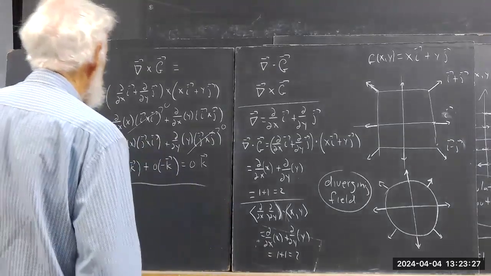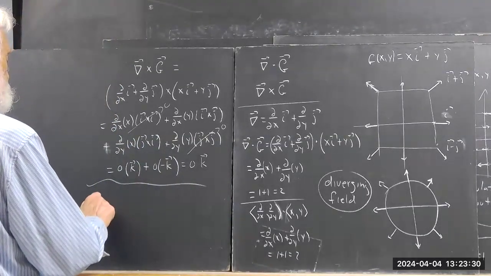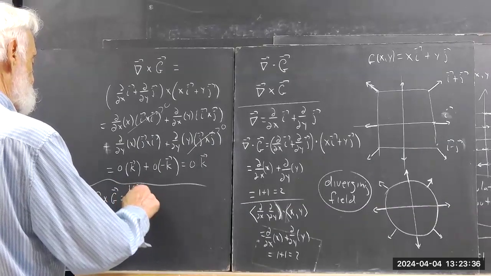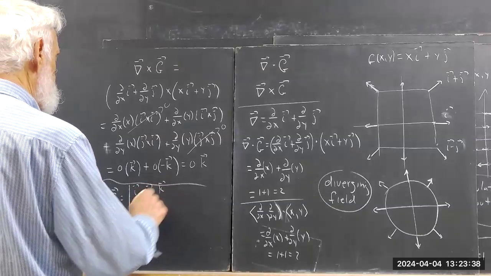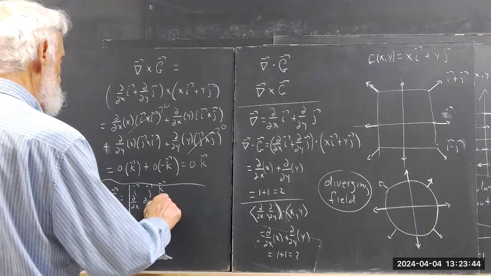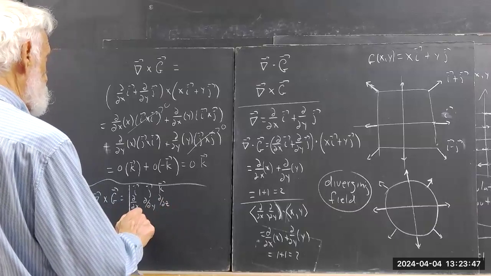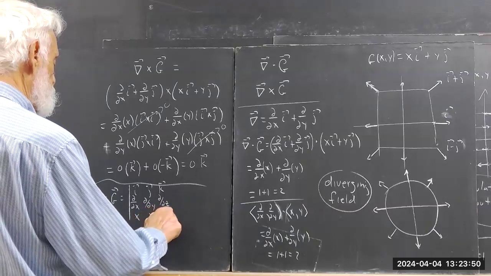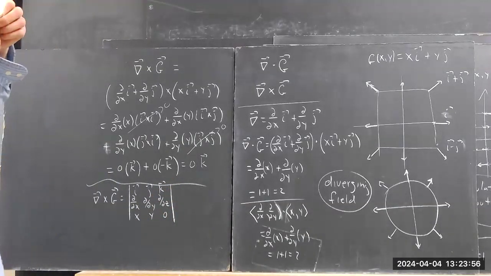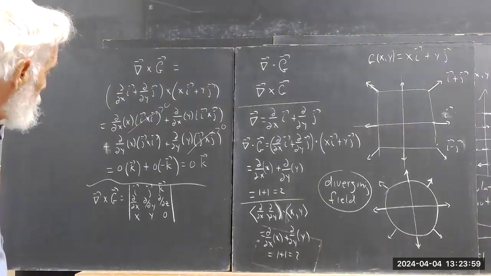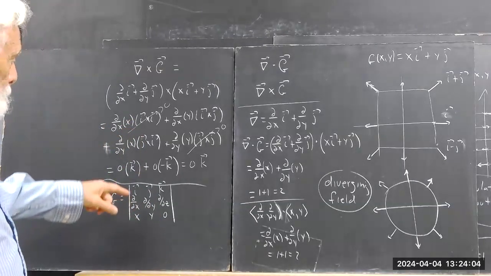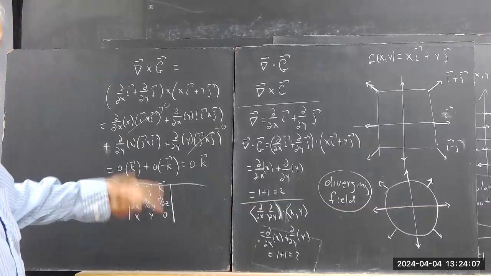And if you write it down in the determinant, as you probably will, there's your determinant. You're going to have i times the partial with respect to y of 0, which is 0, minus i times the partial with respect to z of y, which is 0.